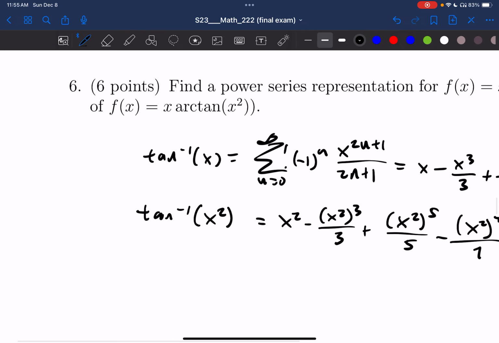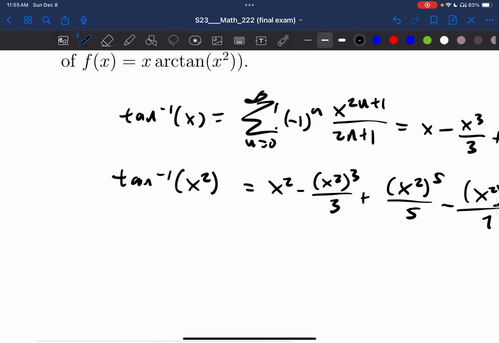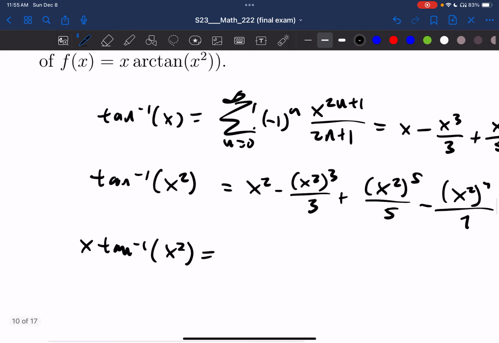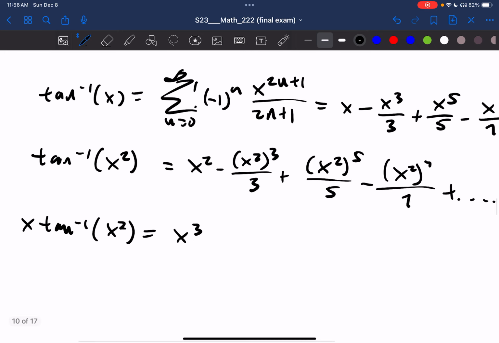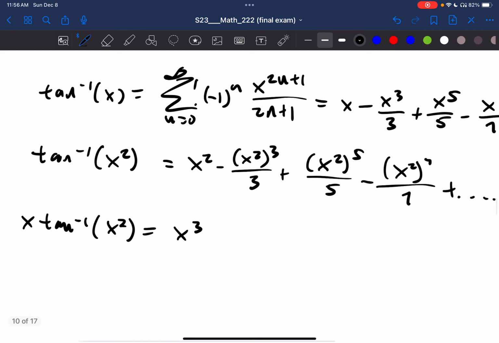So we also have an x in front of arctan. So x arctan of x squared will be equal to, let's multiply every single x we see here by another x. So it's going to be x to the third power. And then we're going to have x to the 2 times 3, which is going to be 6.